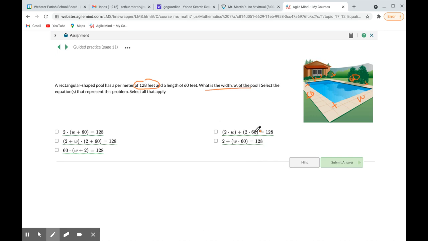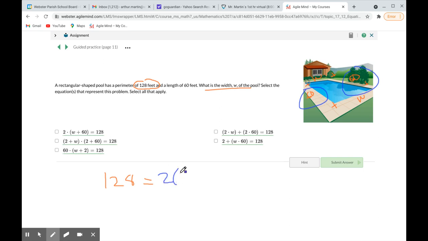What could we do to find the perimeter? We know that the perimeter is 128. It wants us to find W. So we know that 128 is equal to how many lengths do we have? Two 60s. Yeah, we got two 60s.